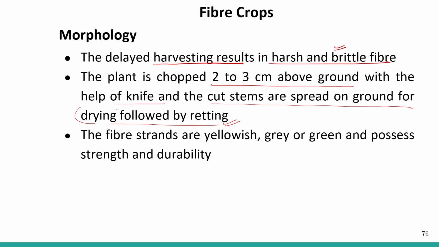After drying, we can go for the retting. The fiber strands are yellowish, gray or green and possess strength and durability. So this is quite a strong and durable fiber.